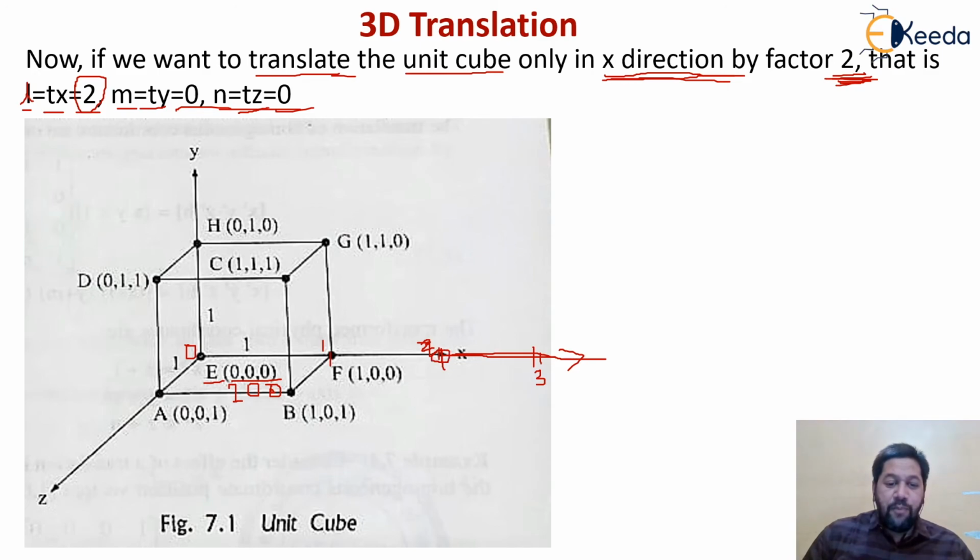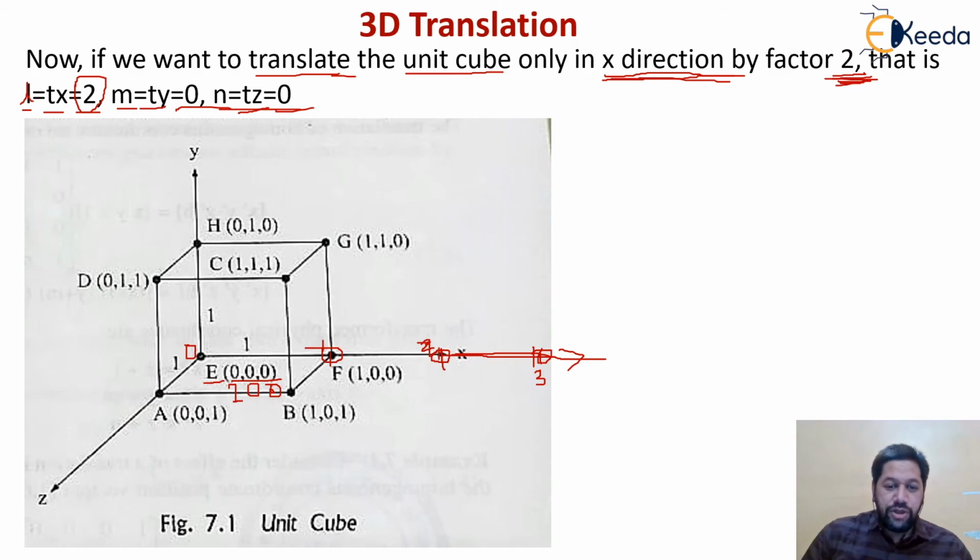Where will the F point come? F has the value 1, 0, 0. 1 plus 2 is 3, so the x value will be 3, with y and z equal to 0. So x value 3 is represented somewhere here. I'm drawing the diagram with my pen so that it is easy for everyone to understand.